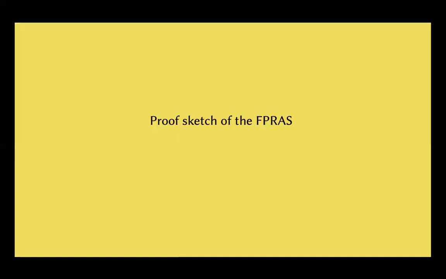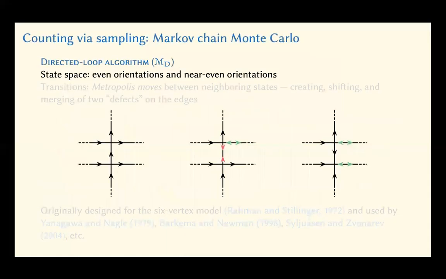Now let's look at the proof sketch of the FPRAS. We use counting via sampling via the method of Markov chain Monte Carlo. The specific chain we used is the so-called directed loop algorithm. The state space of this Markov chain is even orientations and near-even orientations.